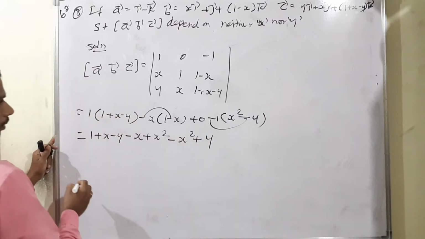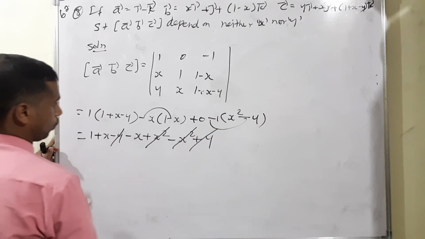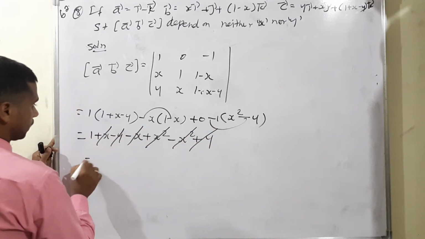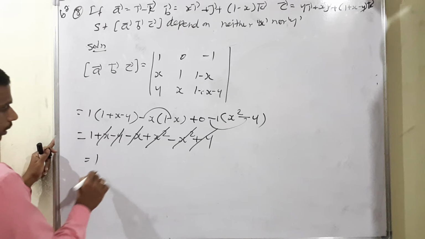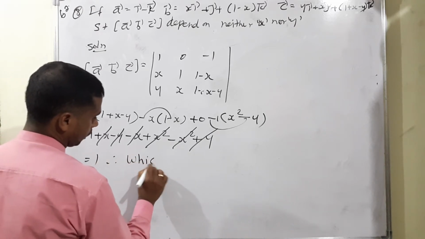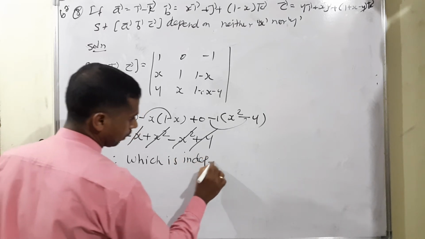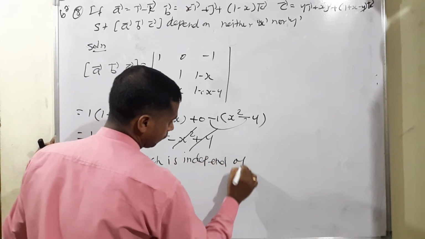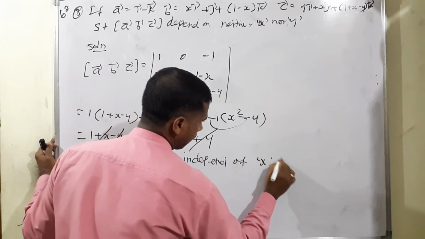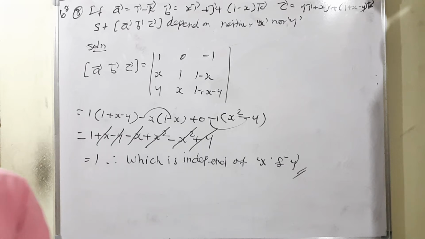Look there: plus x square minus x square cancel, minus y and plus y, plus x minus x, leaving only one answer. Therefore we can definitely say it is independent of x and y. Okay, this is the answer for question number 8.